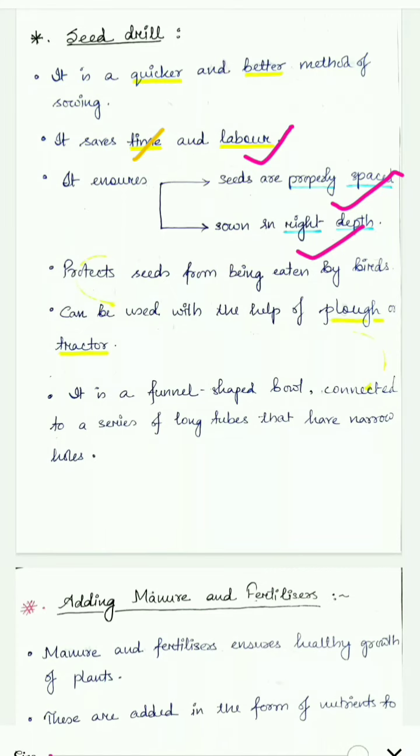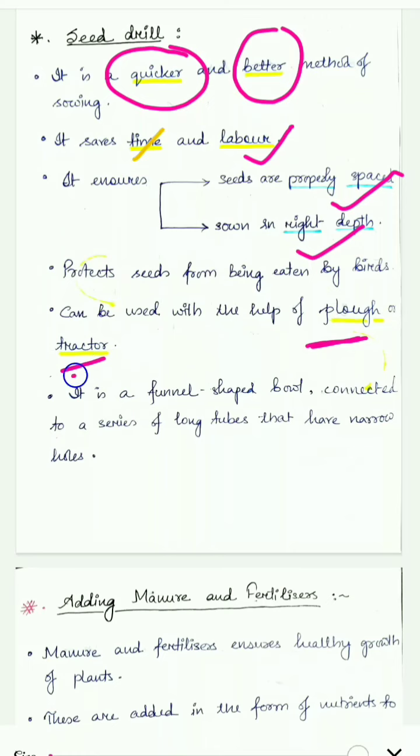Okay, so you can see the seed drill. If you zoom the picture, you will see that the tool gets deep inside the soil. So why do they say that the seed drill is quicker and better? Because this tool can be used with the help of a plow or a tractor.